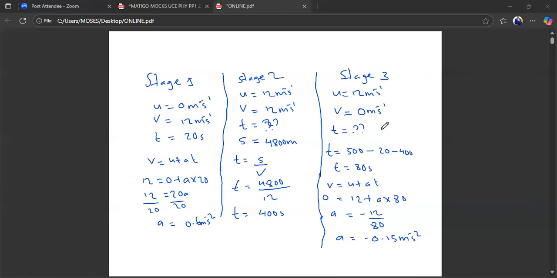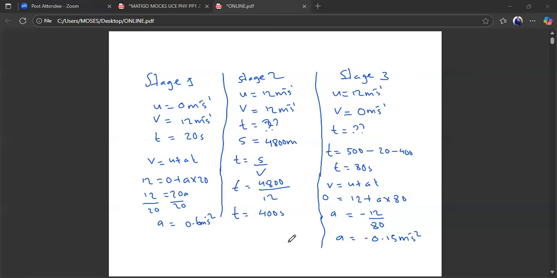That's why in my third stage, my initial velocity is 12 meters per second. And because the body has gone to rest, our final velocity will be 0. So when analyzing, the final velocity for one stage becomes the initial for the next stage. That helps you in identifying the velocity in each of the stages.